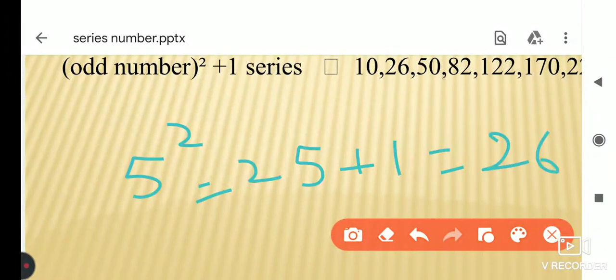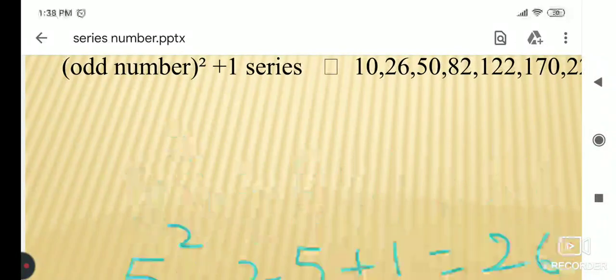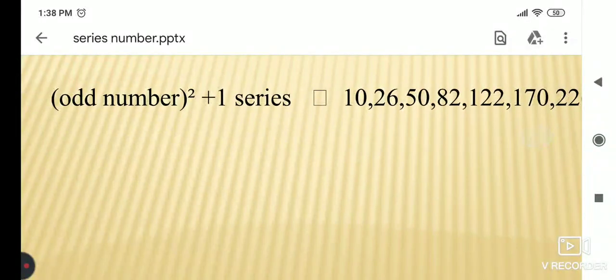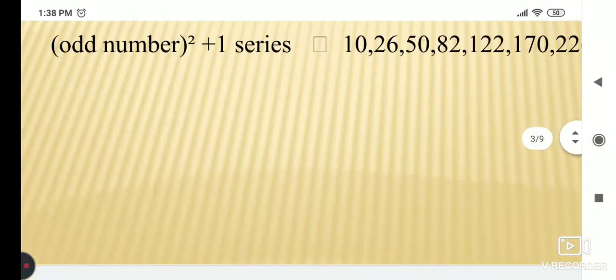So on, that is 50. 50 means the next odd number is 7. So the square of 7 is 49 plus 1, and we get the answer 50. Okay, so in this we can easily identify the pattern of odd number square plus 1 series.